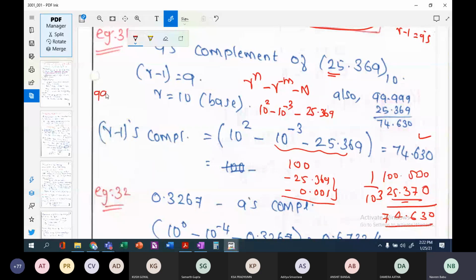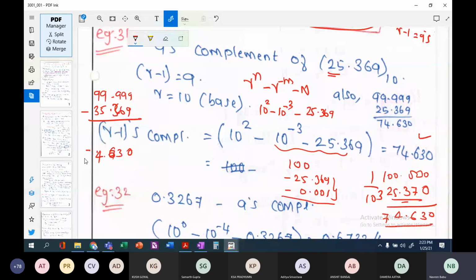If I subtract it, 9 minus 9 is 0, 9 minus 6 is 3, 9 minus 3 is 6, 9 minus 5 is 4, and 9 minus 2 is 7. So it is 74.630. This is also a method you can follow to find the nines complement.